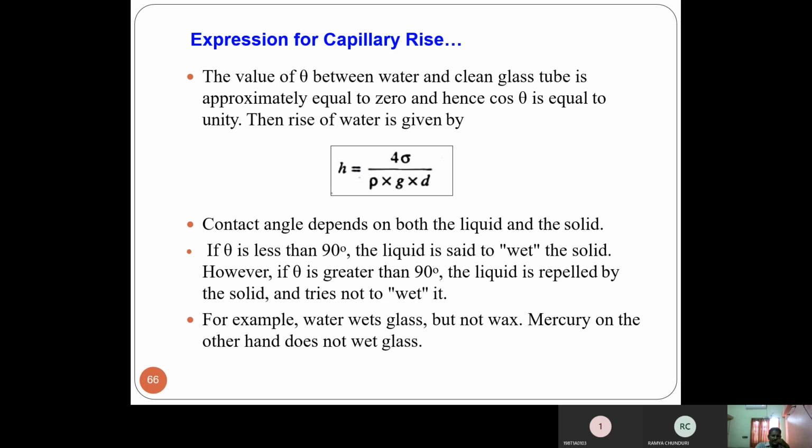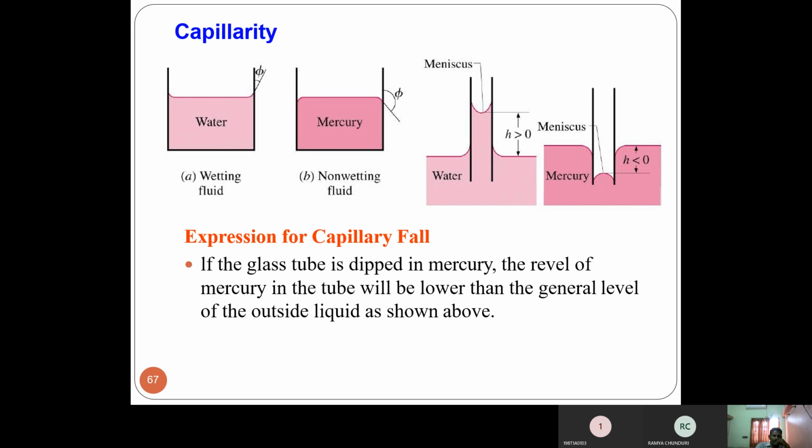However, if theta is greater than 90, the liquid is repelled by the solid, and it will not rise, and it will not wet the surface. For example, water wets the glass but not the wax. Mercury, on the other hand, does not wet the glass. This is the thing. And another expression, capillarity.